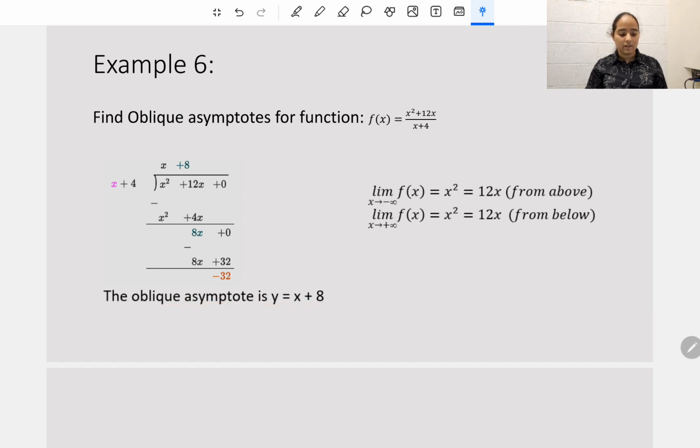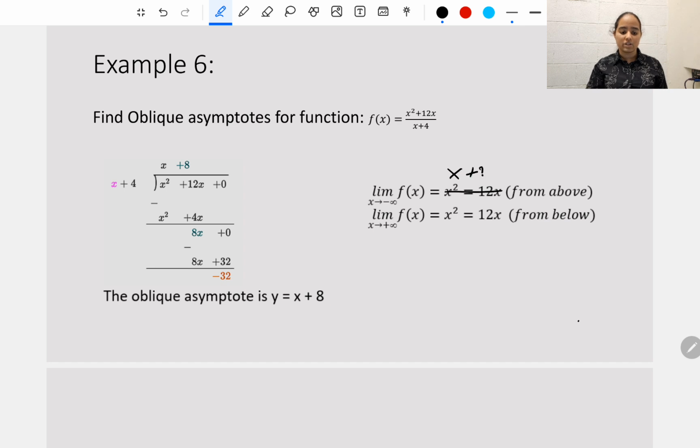Limit as x approaches negative infinity, f of x equals x plus 8 from above. In order to tell whether the function is approaching from above or from below, we use test values. You can substitute them into the oblique asymptote and also the function and compare those values.